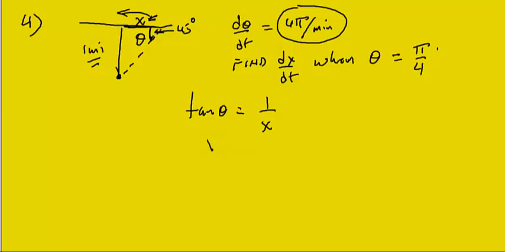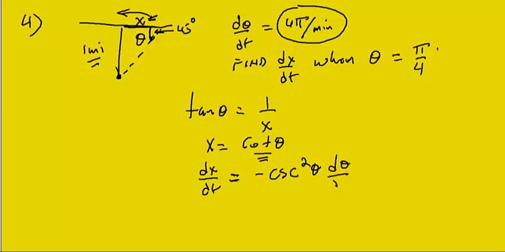X is equal to, if I flip both sides, cotangent. Take the derivative of cotangent. So this is dx/dt equal to, chain rule here, what's the derivative of cotangent? Negative cosecant squared θ dθ/dt.